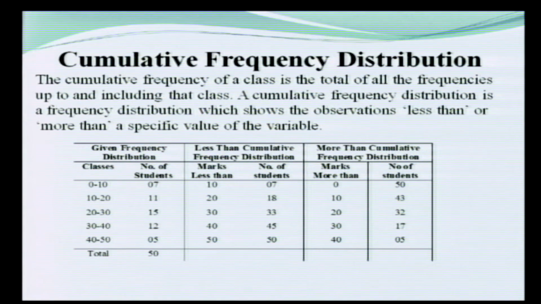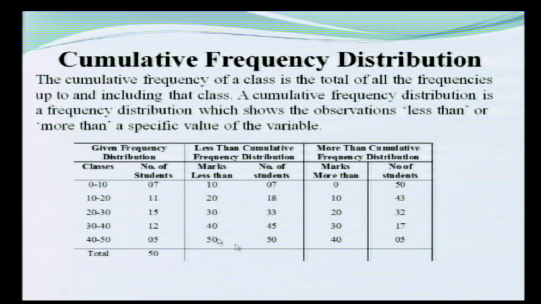Here the first class has the total frequency, that is capital N, and for this example it is 50. Then the frequency of each class is subtracted class by class. You see here the more than cumulative frequency for the class 0 to 10 is 50.